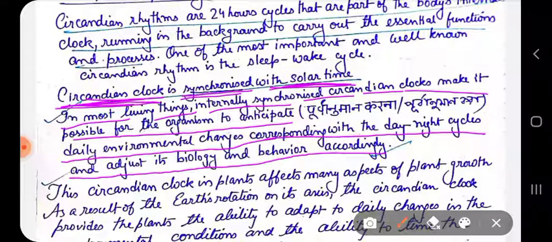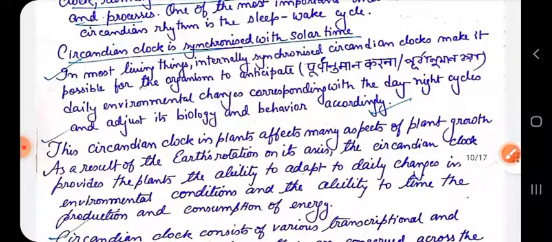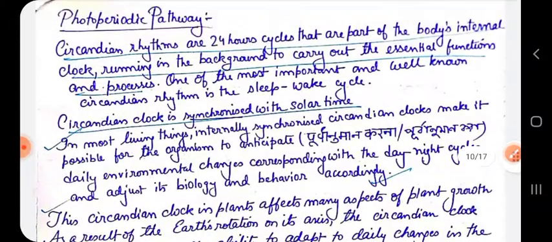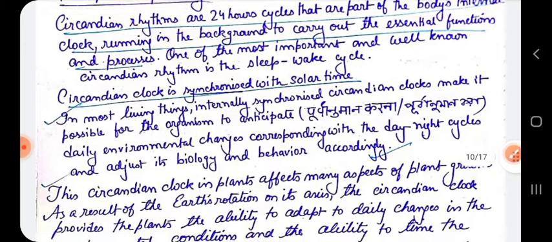Okay, so we have talked about what the circadian clock is. It is actually an internal body clock which is running all the time till our death. It runs in the background, and it carries out the essential functions and processes in the living body. With the help of this circadian clock, we are anticipating the daily environmental changes that correspond with the day and night cycle.